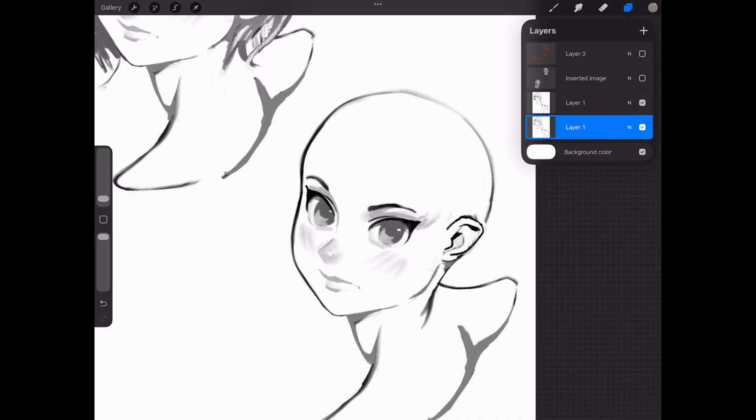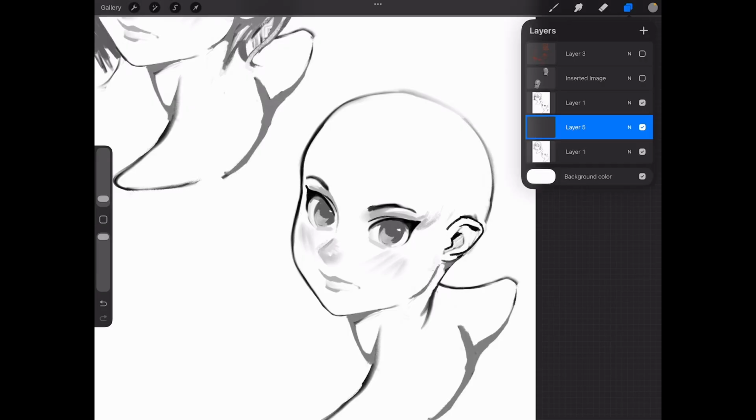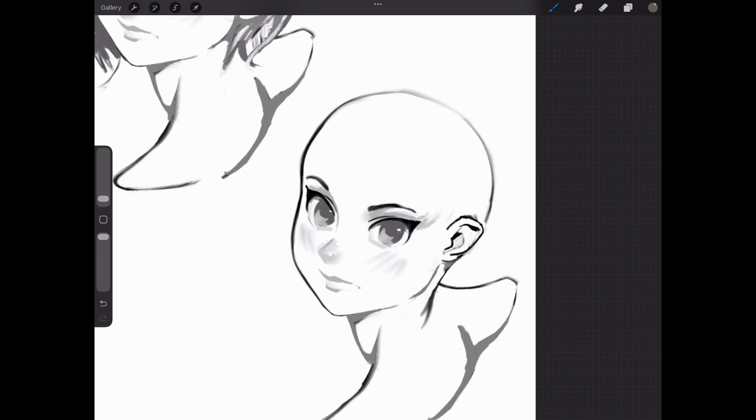If you have issues trying to find that placement, it is not going to be precise. It's not going to be exact. But you can do a cylinder that matches the x-axis of the head.